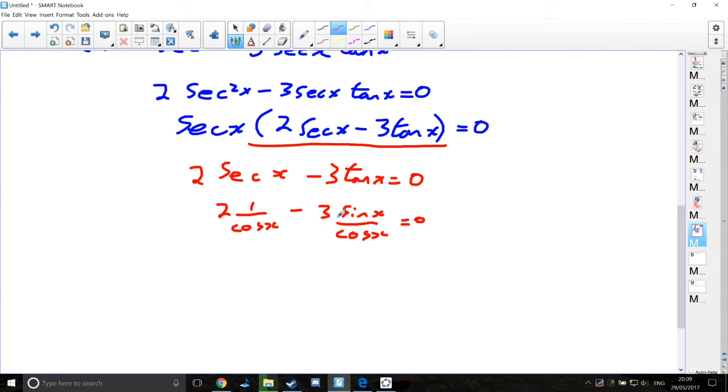We've got something positive, something negative, equals 0. Let's put them equal to each other.